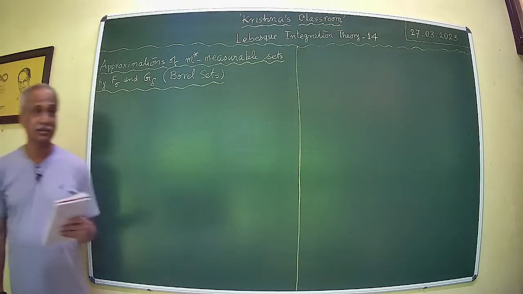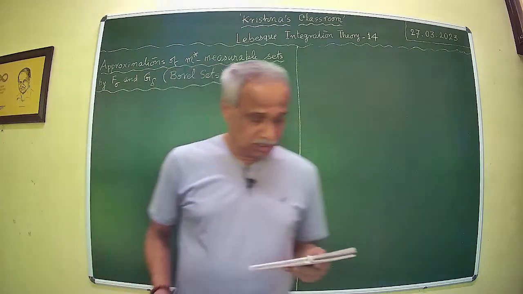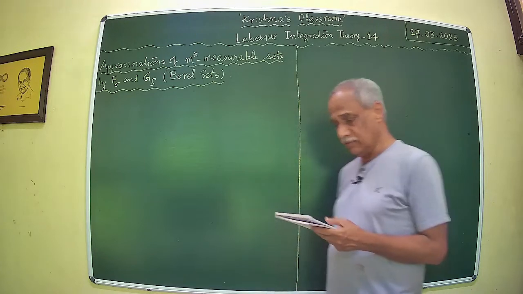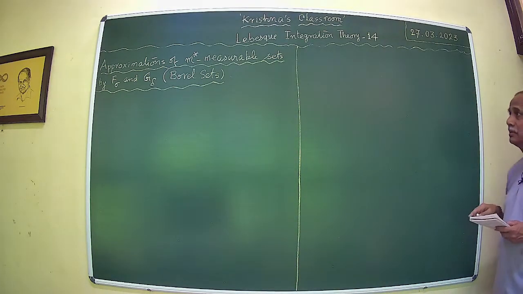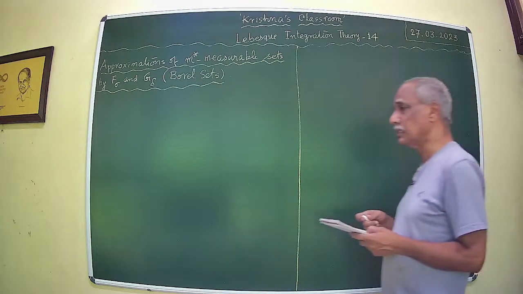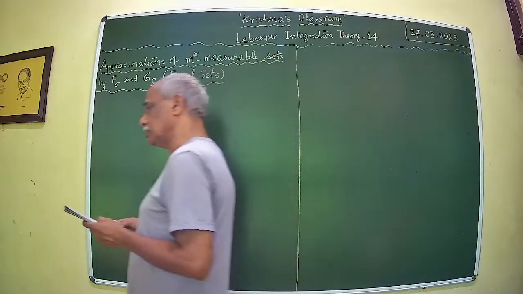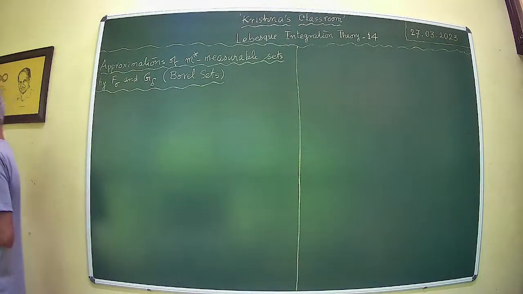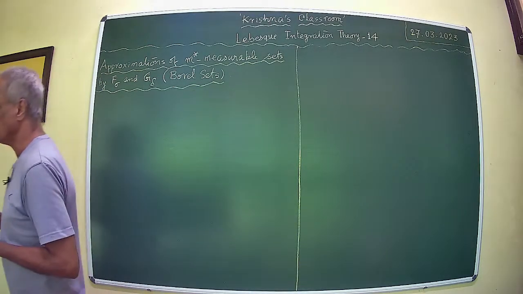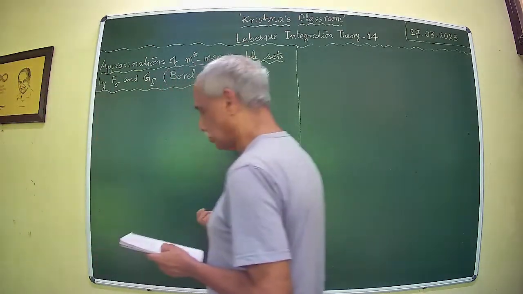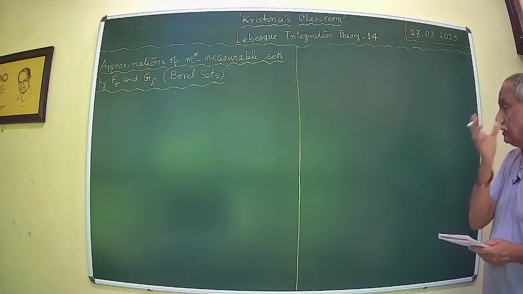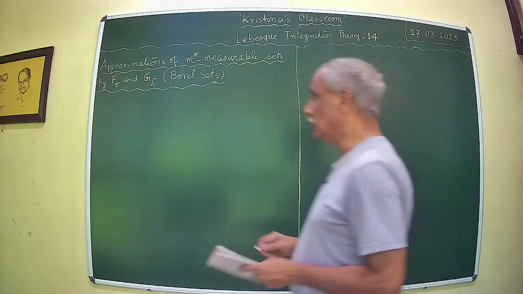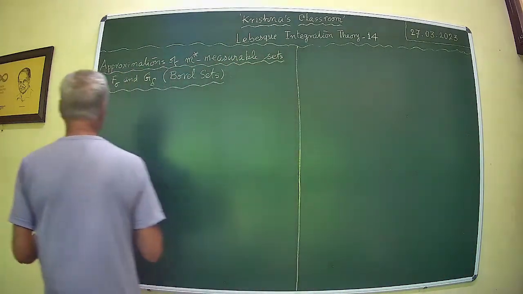So we can approximate the M star measurable sets from both inside and outside. Okay, so let us work with that. Before that, we introduce the so-called excision property.